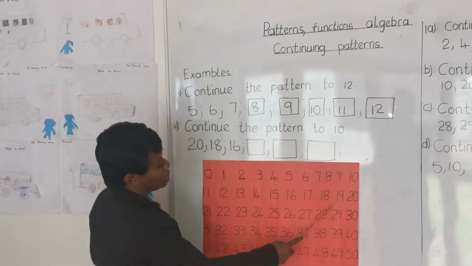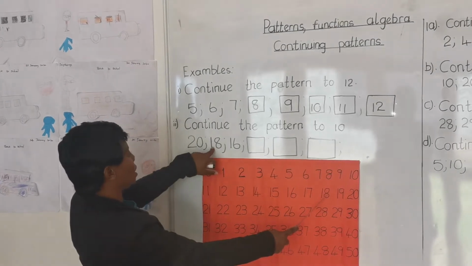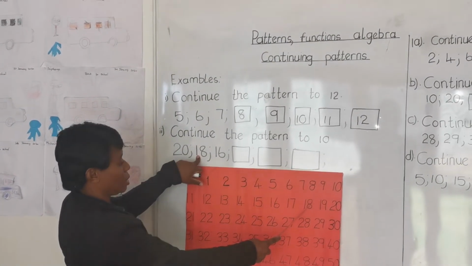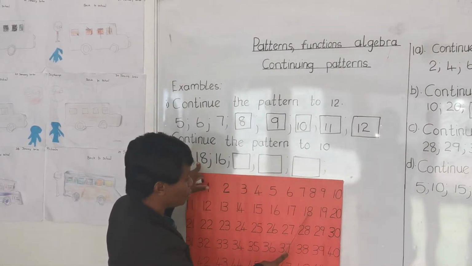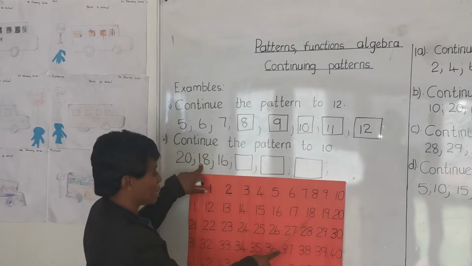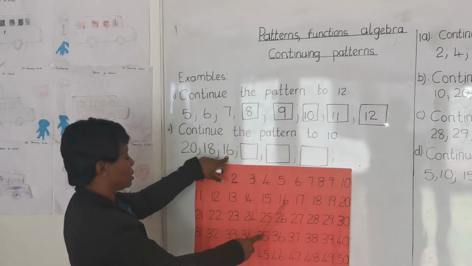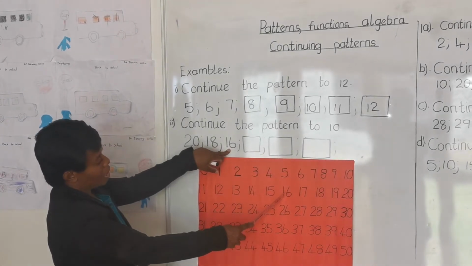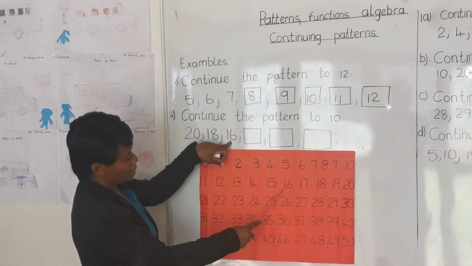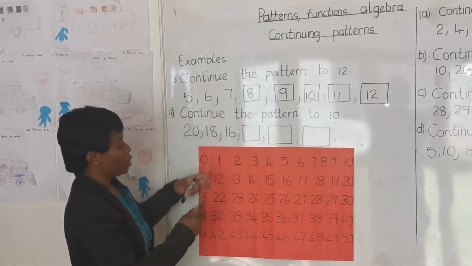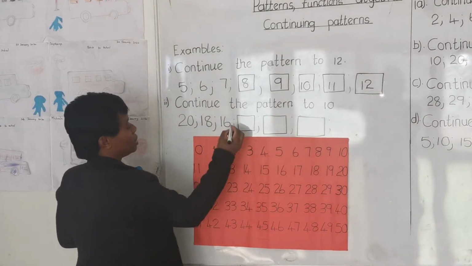We go to 19 and 18. It means our next number is 18. Then from 18 we are going to remove 2 numbers. 1, 2. Our next number is 16. From 16 we are going to remove 2 numbers again. 1, 2. So it means that the next number is 14.